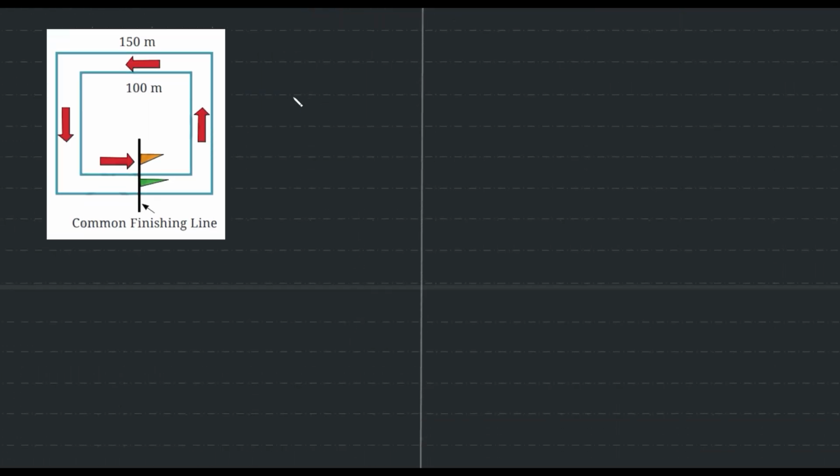The race is for 350 meters. Basically, when I run to this point, I should have finished 350 meters. If I run to this point, I should have finished 350 meters. That is the entire agenda.